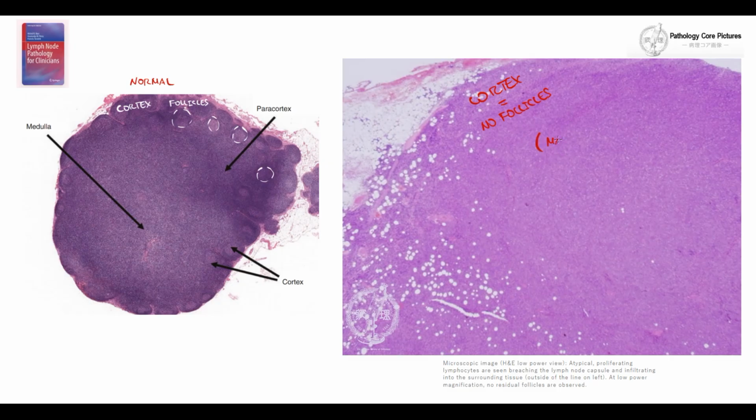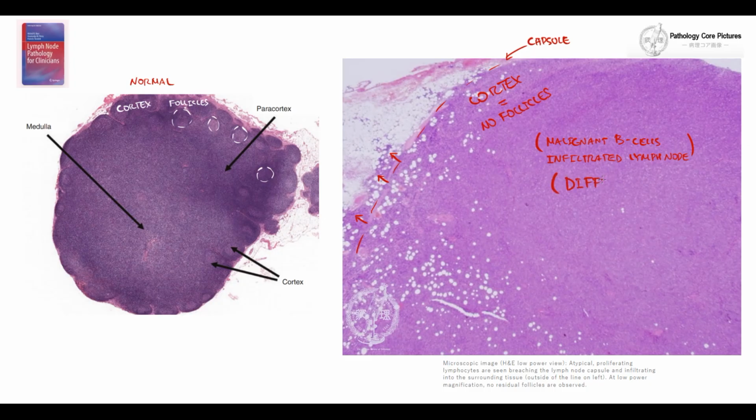What you see instead is a diffuse infiltrate of malignant B cells that have obliterated all normal structure. These malignant B cells are breaching the lymph node capsule and infiltrating the surrounding tissue. That extracapsular extension is a feature of aggressive disease. The tumor doesn't respect normal anatomical boundaries.